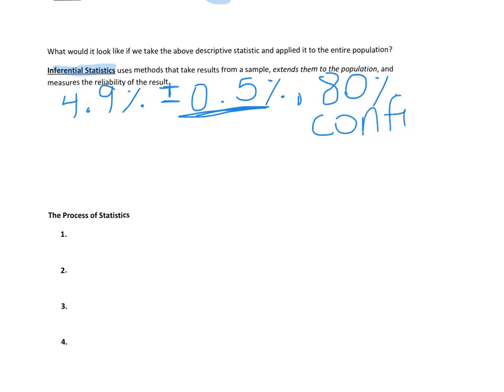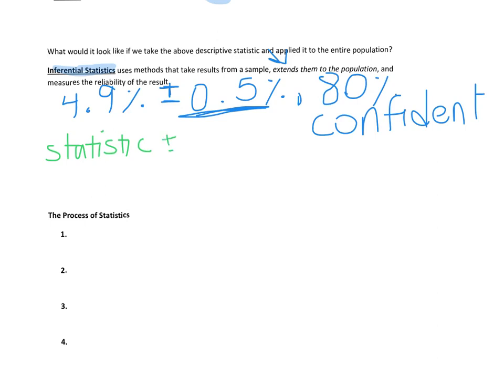All right, so what I have written in blue does two things for the inferential statistics. First, we extended them to the population, and this 80% confidence measures the reliability of the result. Okay, so in general, we can take our statistic from our sample and add and subtract.